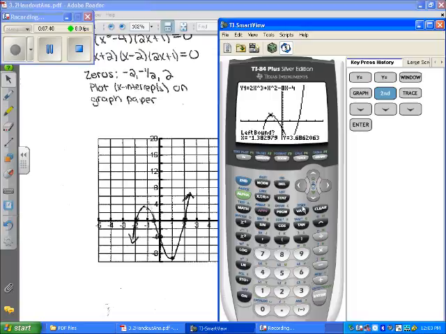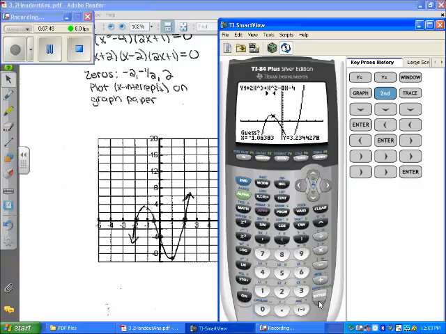And just like your zeros, you want to go to the left of that max, hit enter, go to the right of that max, hit enter. At the guess, you hit enter, and we get the maximum to be the coordinates of -1.333 if you round, 3.7.